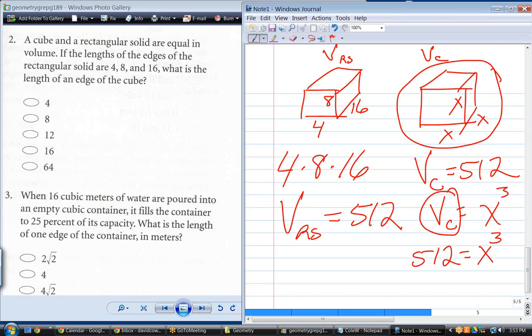And now, all we need to do is find the cube root of 512, and we have x. And that's 6? 8. 8. Okay, cool. So it's equal 8. All right.